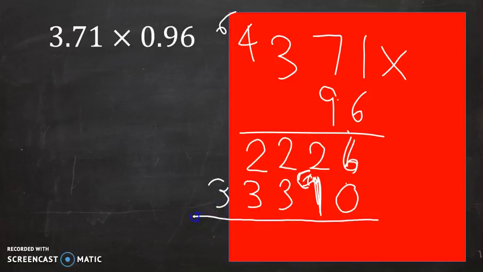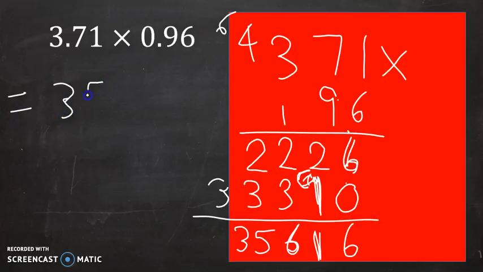Add the two rows together, 6 plus 0 is 6, 2 plus 9 is 11, carry the 1, 2, 3 and 1 is 6, 2 and 3 is 5, and I've dropped the 3 down. So we end up with 35,616.